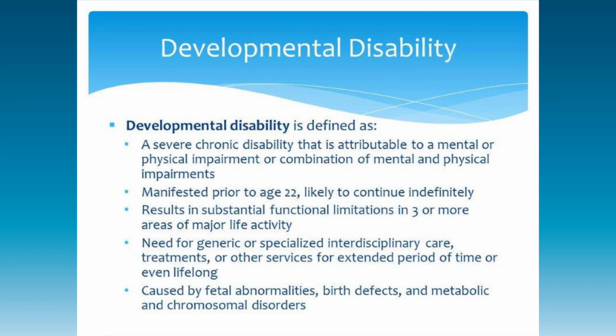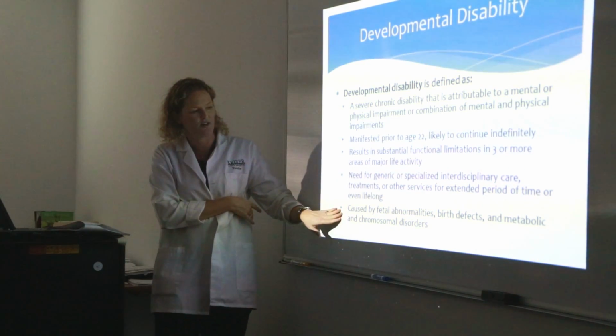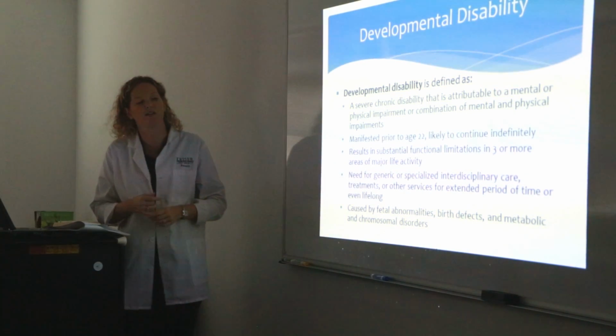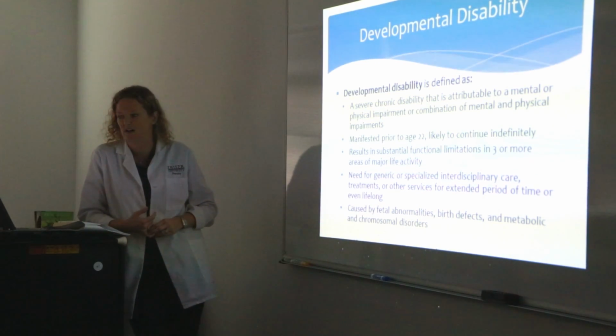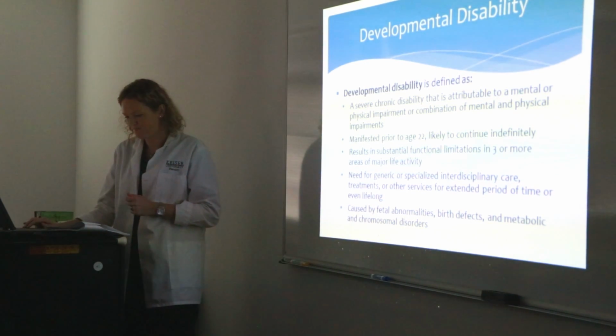So it's going to result in substantial functional limitations in 3 or more areas of major life activity. Usually there's a need for generic or specialized interdisciplinary care, treatments, and other services for an extended period of time, sometimes lifelong. Developmental disabilities are often caused by fetal abnormalities, birth defects, and then there are some metabolic disorders we'll talk about, and genetic disorders.